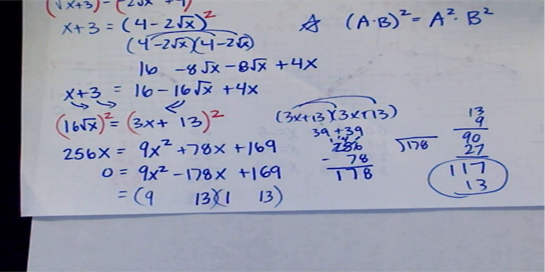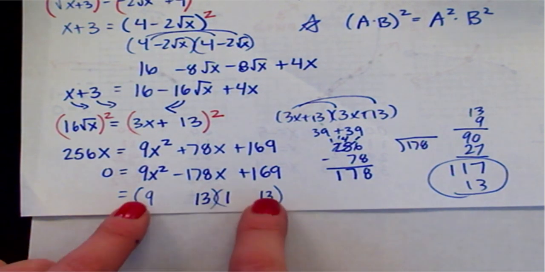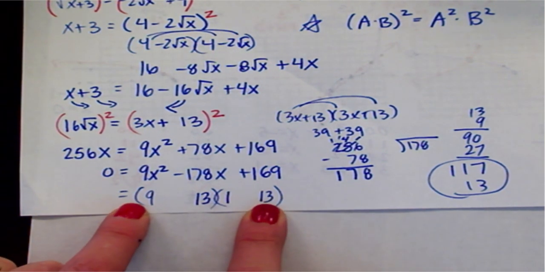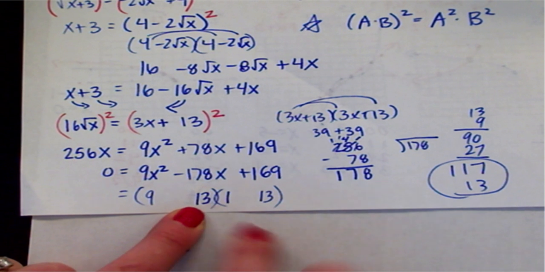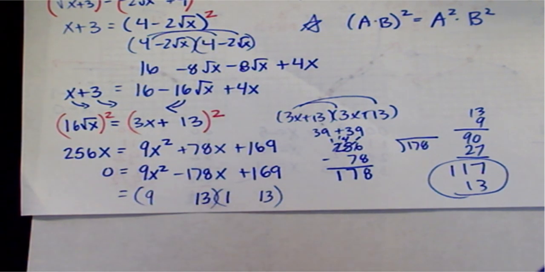It's guess and check. 169 is 1 and 169 or 13 and 13. There are not a lot of choices, so I picked one and I'm trying it. I'm checking my outer 117 and my inner 13. It's not going to give me 178. So pick something else.